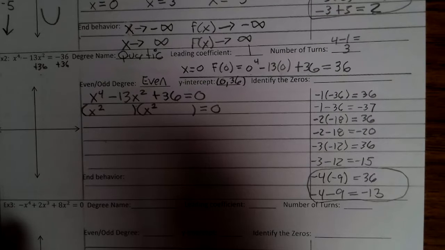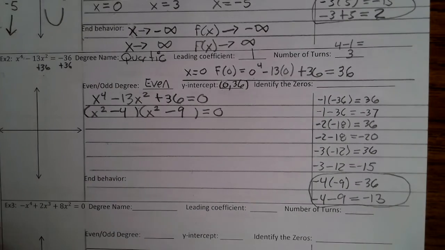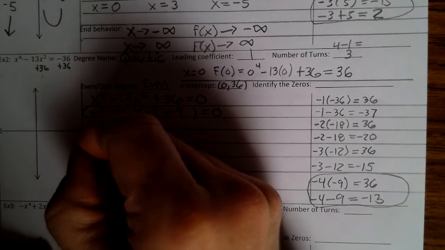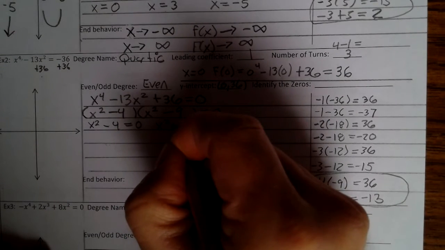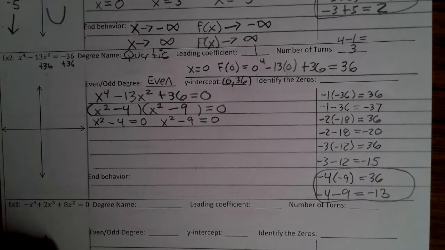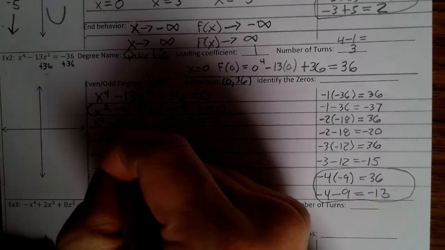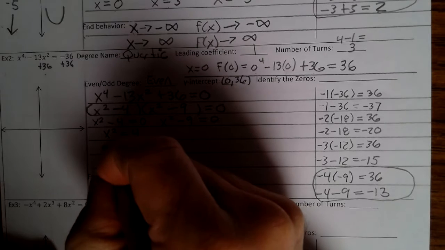Okay, so we set them equal to 0, so x squared minus 4 equal to 0, x squared minus 9 equal to 0. So then we add 4 to both sides to get x squared equals positive 4. Square root both sides. Now remember, that's plus or minus. The square root of 4 is 2, so that's plus or minus 2.